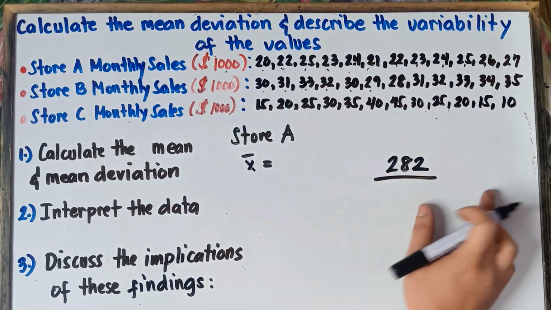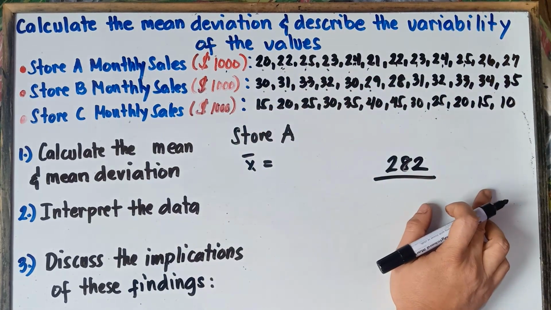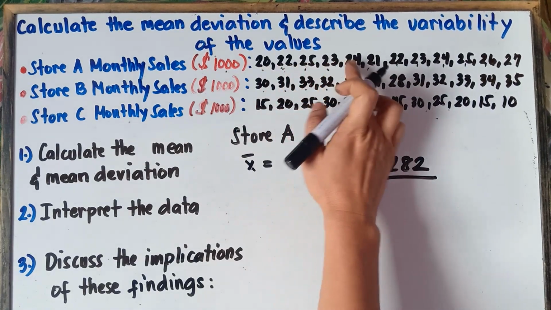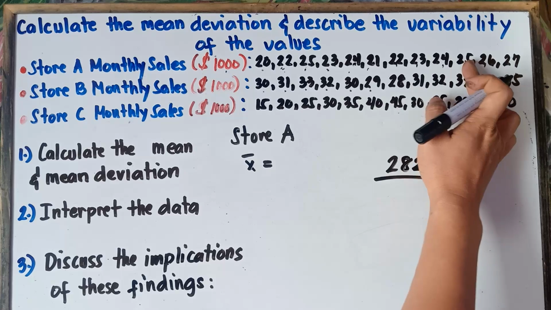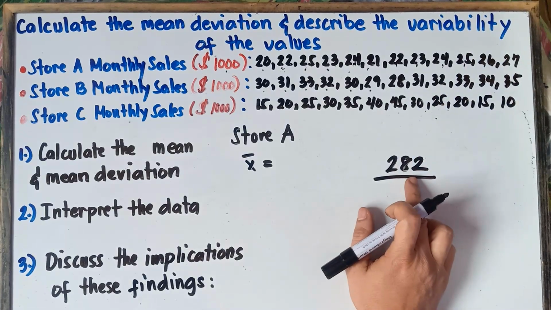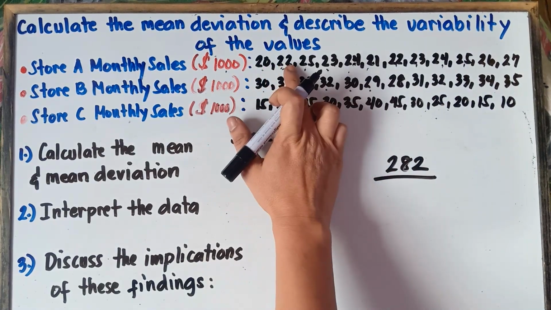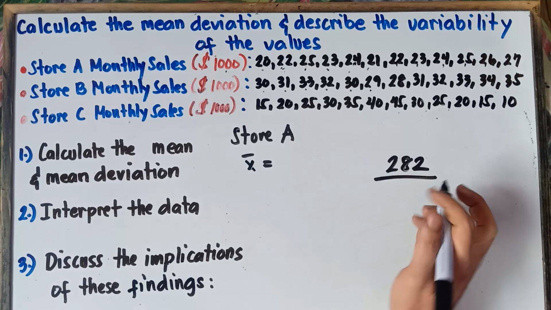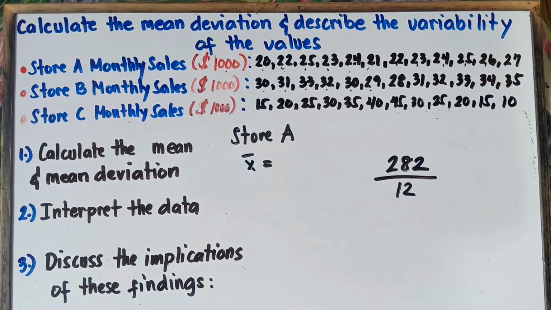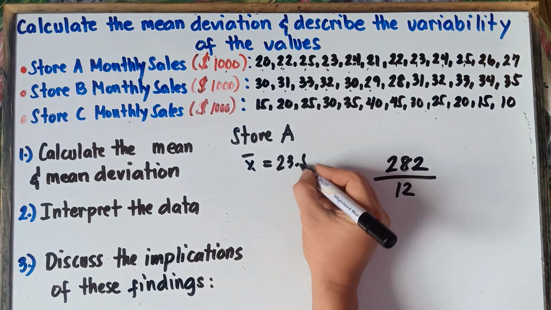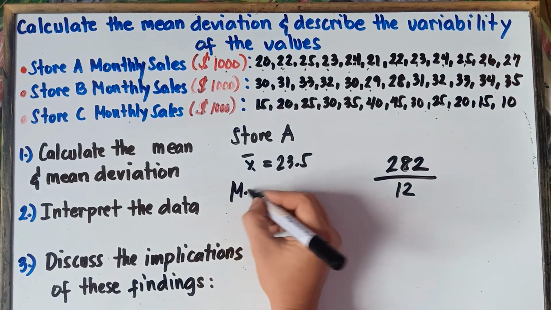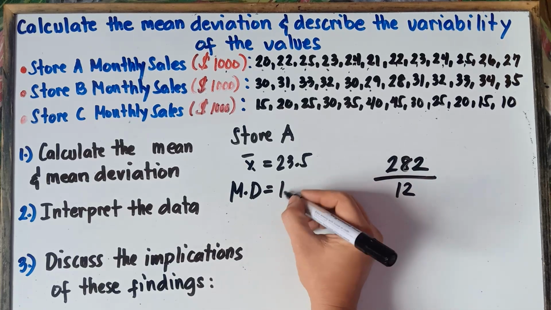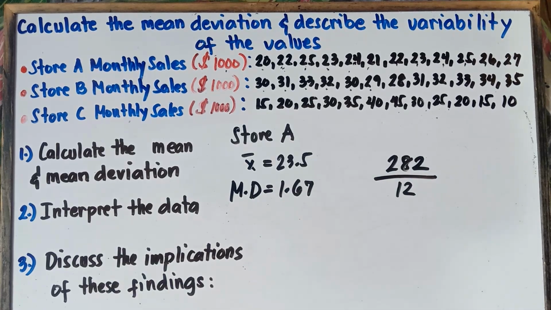We have 12 samples because there are 12 months in a year: 1, 2, 3, 4, 5, 6, 7, 8, 9, 10, 11, 12. So 282 divided by 12. Therefore, the mean for store A is equal to 23.5. And the mean deviation is equal to 1.67.